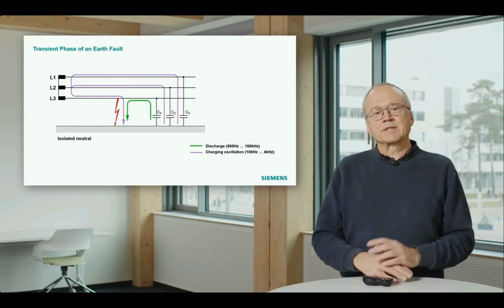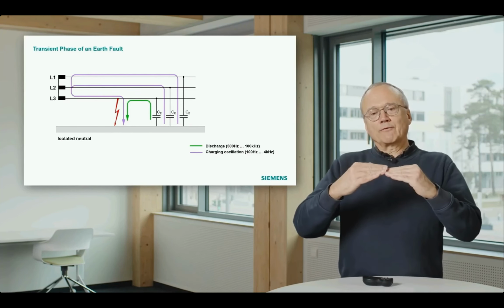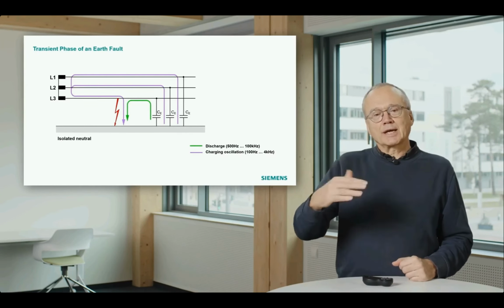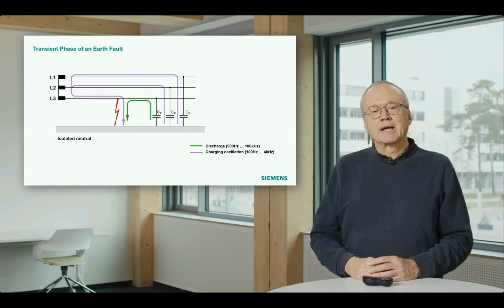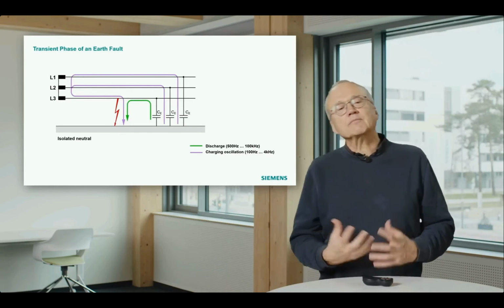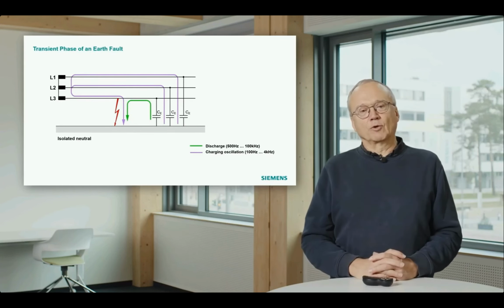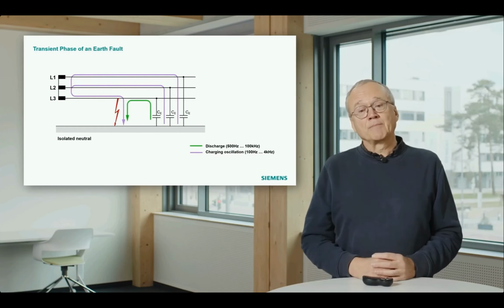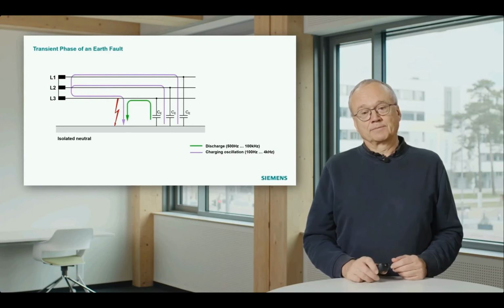Because now one phase is connected to ground, the potential of the other phases rises, and we have to charge the two other capacitors. And this charging runs through the transformer. That means a higher inductance is involved in that. It's again an oscillation, here in purple color, and this oscillation has a lower frequency.